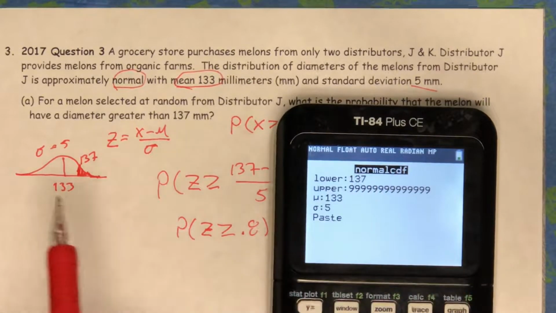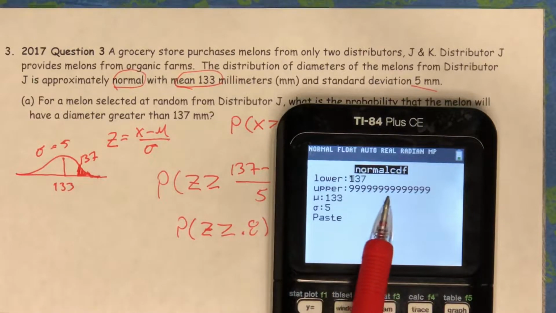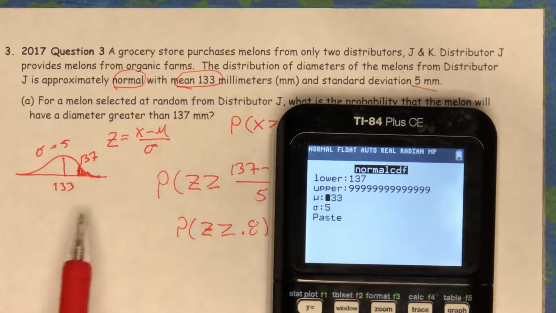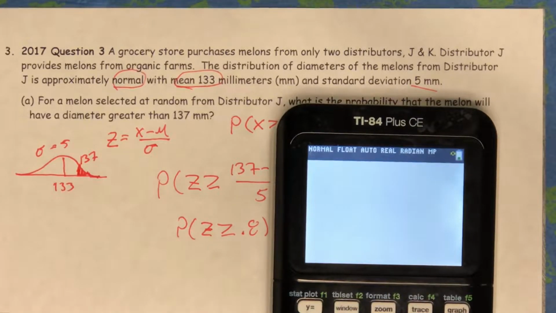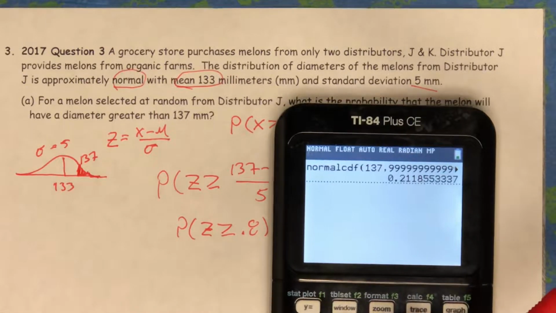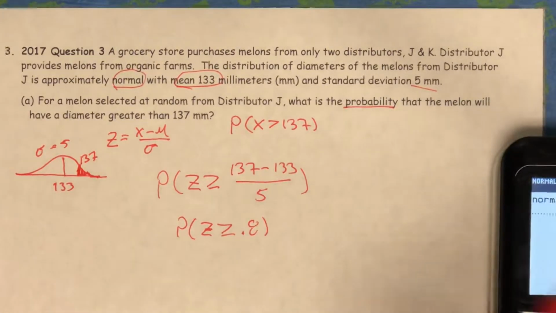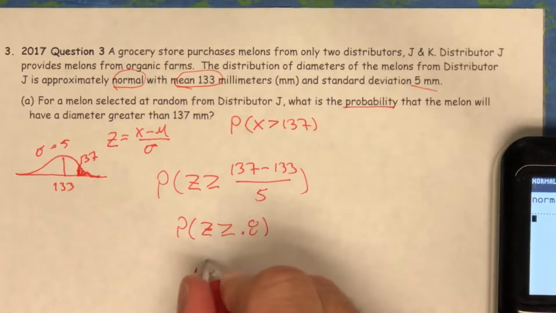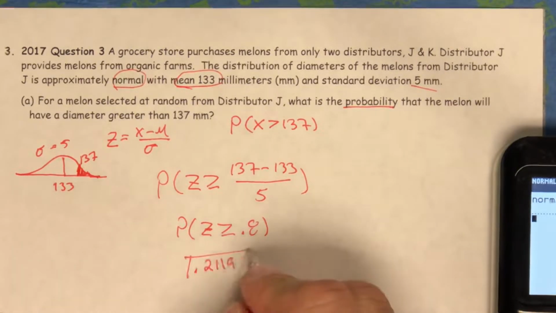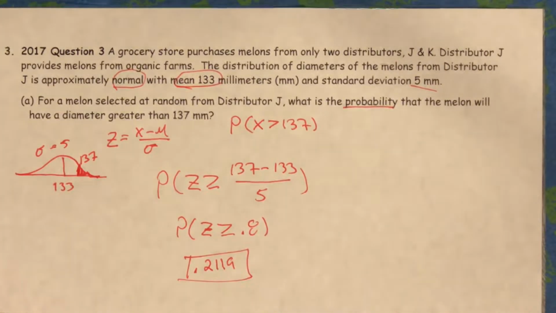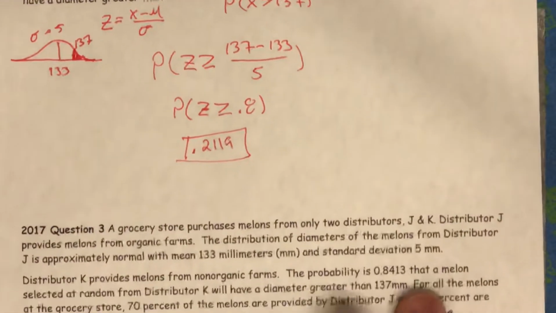My lower bound from the shading is 137, my upper bound is infinity, my mean is 133, and my standard deviation is 5. And I find out that I have about a 0.2119 probability of that occurring. So 0.2119 chance of finding a melon from J that is greater than 137, and that's our answer.